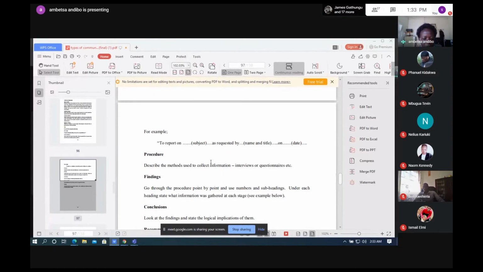Again, you can mail the questionnaire and then it's mailed back to you. So you can cover a very wide area. So the disadvantage is that the return rate may be low. And then questionnaires, sometimes they are closed. So you don't get to collect candid views, or you don't get to collect a lot of information.